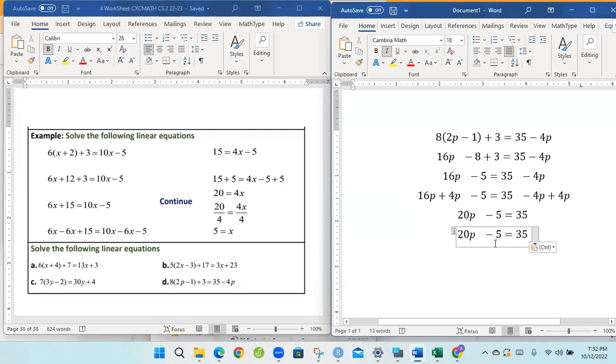So we have to divide by that 20, but before we divide by the 20, let us cancel out that negative 5 by adding 5. If you add 5 on the left, we have to add 5 on the right. So negative 5 plus 5 cancels out, and 35 plus 5 is 40.